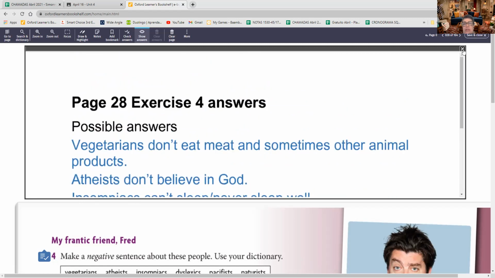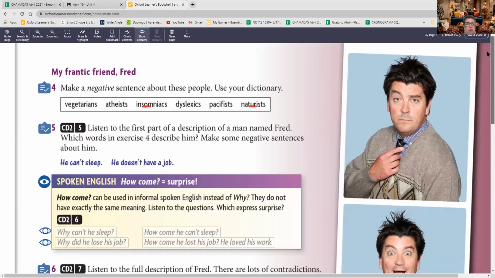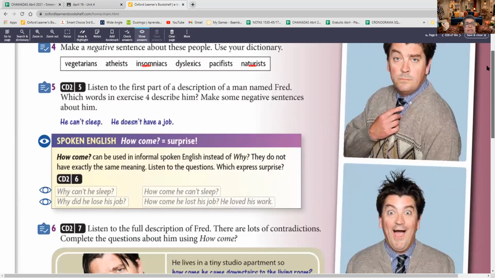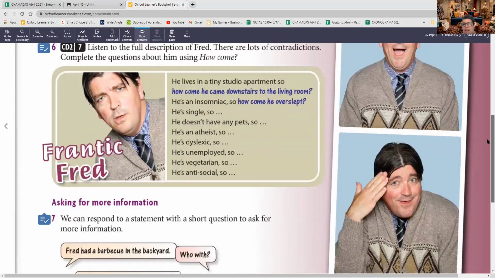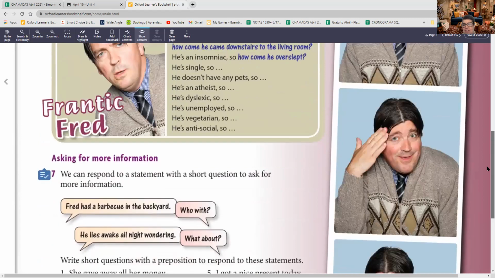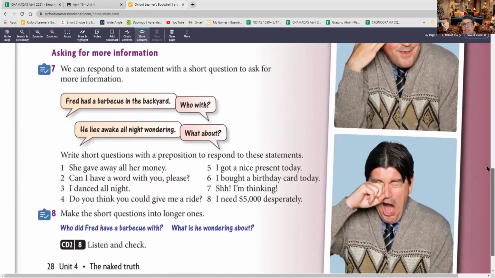Very nice. So after seeing those questions, let's listen to the first part of a description of a man named Fred. And these are his pictures. Look. Oh my goodness.